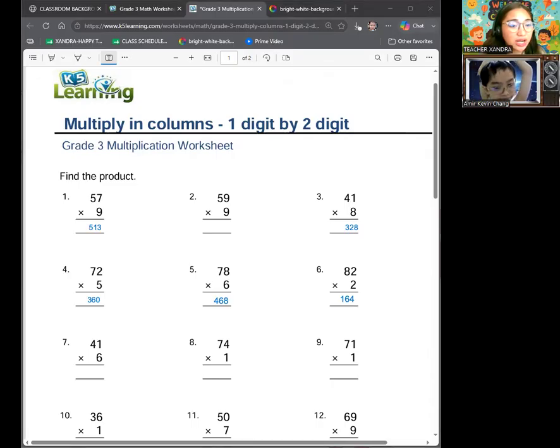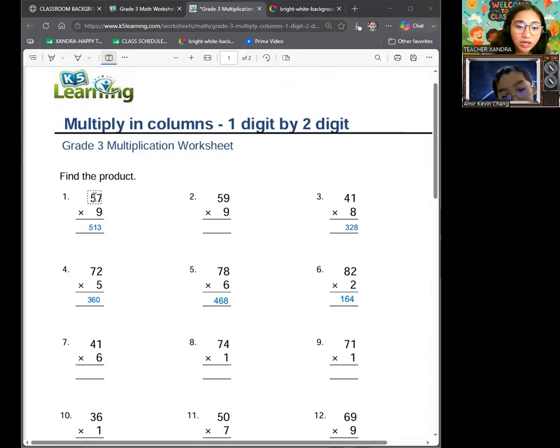In our online tutor class today, you reviewed how to do multiplication in columns with a 1-digit number multiplied by a 2-digit number. You practiced lining up the numbers so that ones and tens are in the right place. You multiply the bottom number by the ones digit first, then by the tens digit.